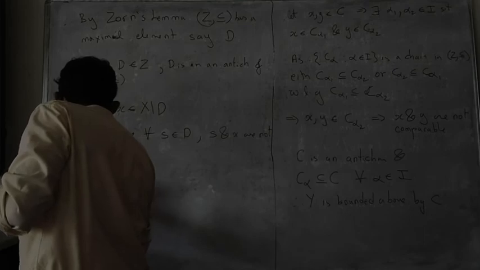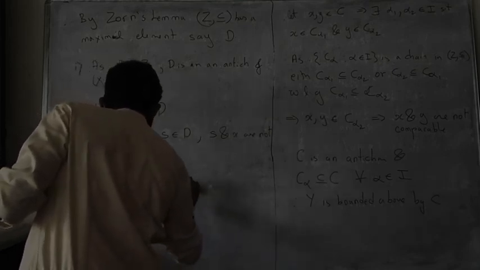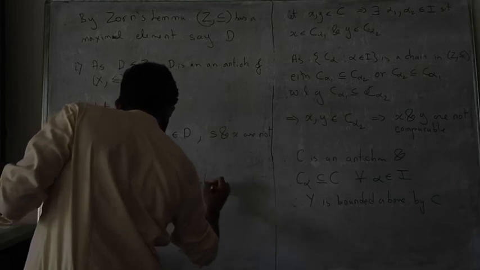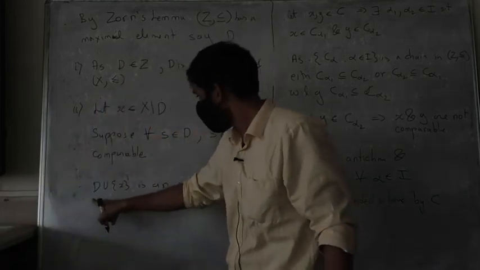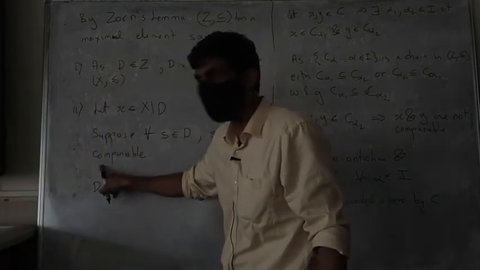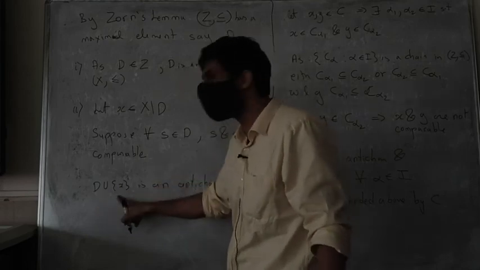So what does this tell us? D union X is an anti-chain. Can you see that? It is an anti-chain because no two elements of D are comparable, and X is not comparable with any of the elements in D.